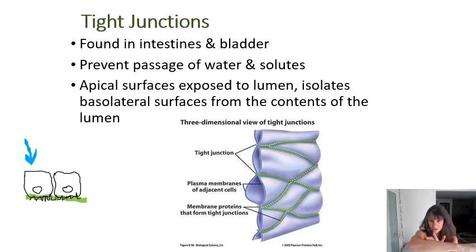We also have an apical surface on the outside of our skin because there's nothing on top of these cells.